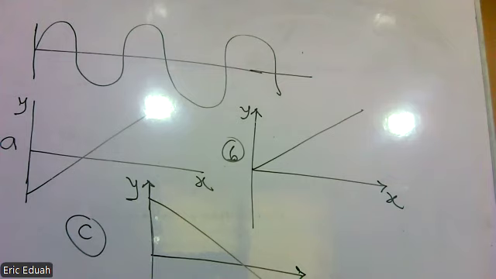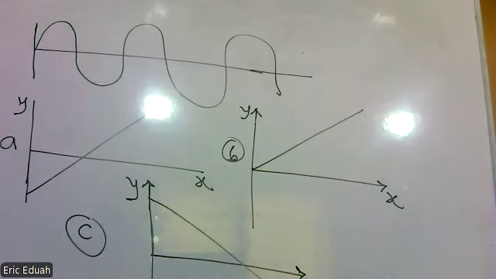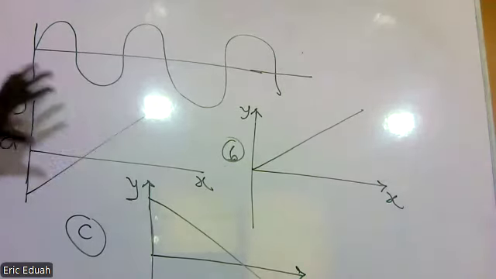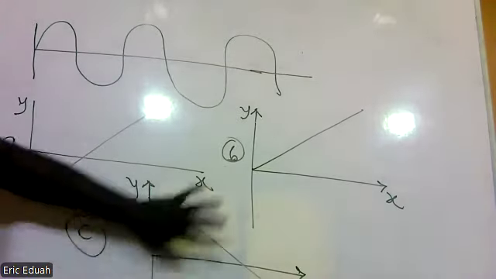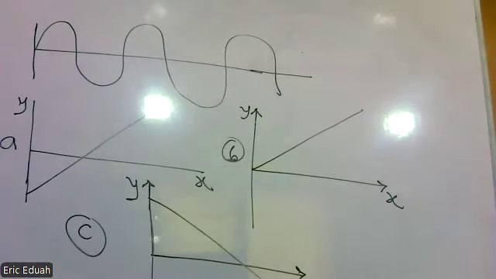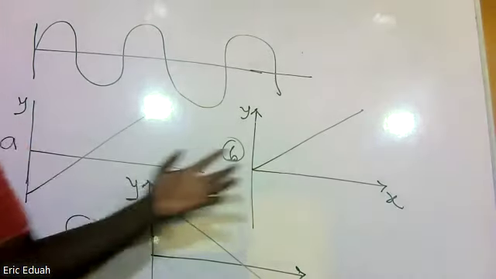I want different views. The equation of a line. This is a graph, a straight line graph. Yeah, but it's not an equation. This is a straight line graph.